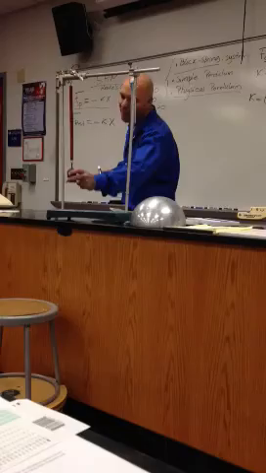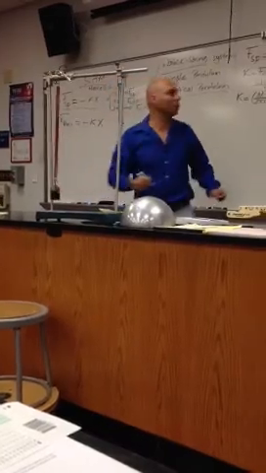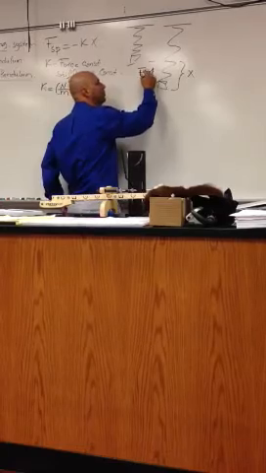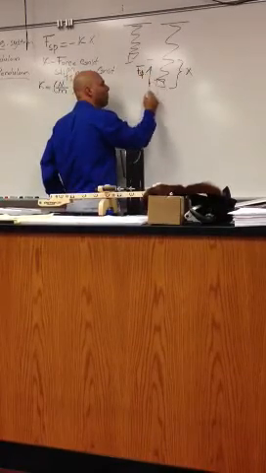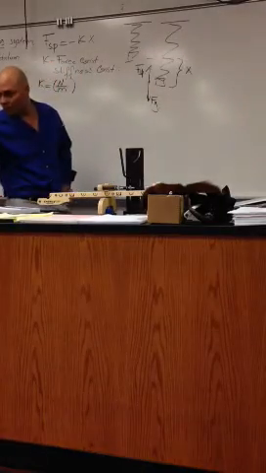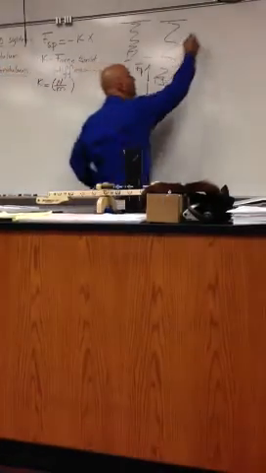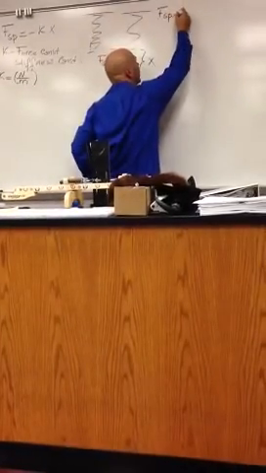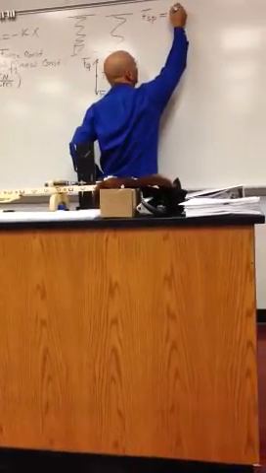So if I measure how much it extends, there will be two forces here: the force done by the spring up, and the force by gravity down. In equilibrium, the force done by the spring will be equal to the force of gravity.